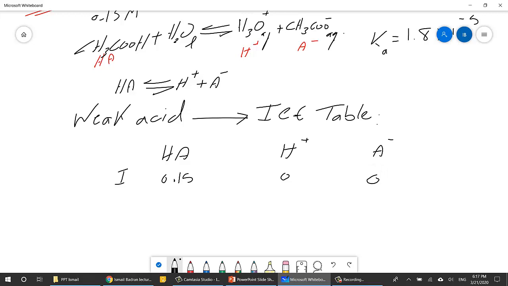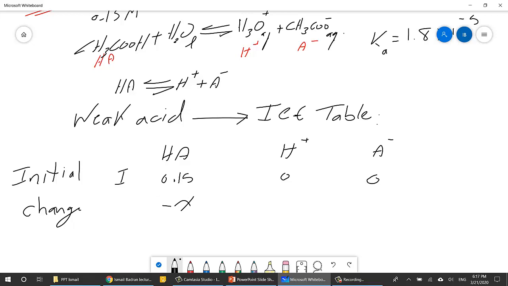And the change, so this is initial. And the change, you don't know how much this change is, so you can just refer to this by X. So when the reaction goes on, you are losing some of the HA, so we don't know how much we are losing, so we just represent this by minus X. And we are going to produce some H plus.